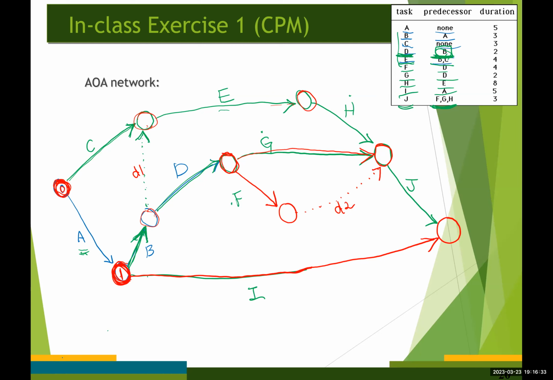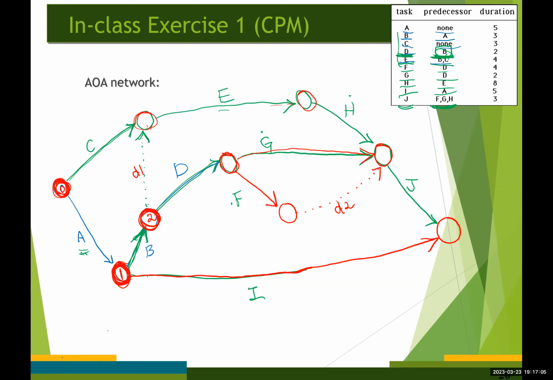Now, ignoring both nodes 0 and 1, only this node has no predecessor, so it's going to be number 2. We do the same thing, ignoring 0, 1, 2. Actually, there are two nodes having no predecessor.